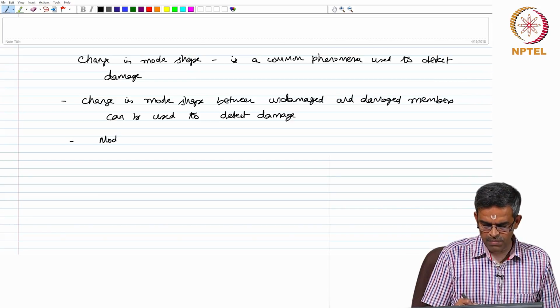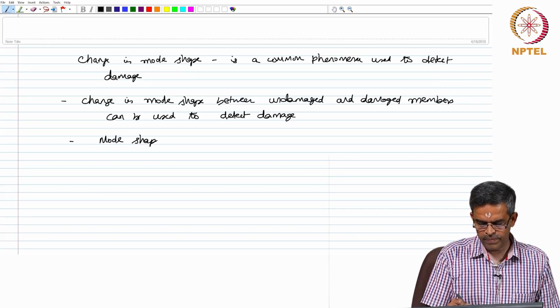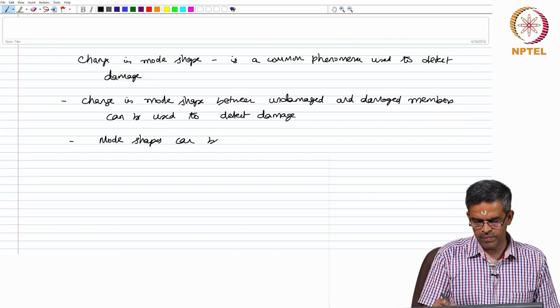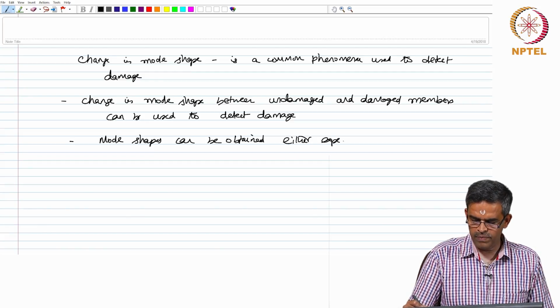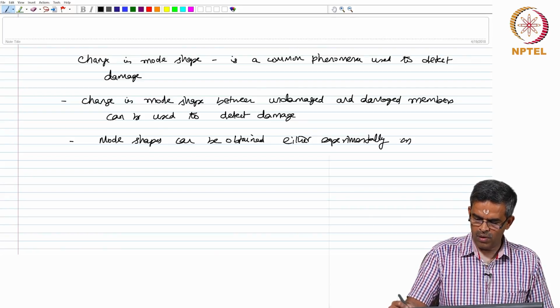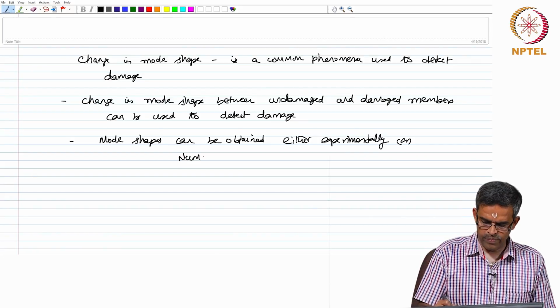Now, mode shapes can be obtained either experimentally or numerically.